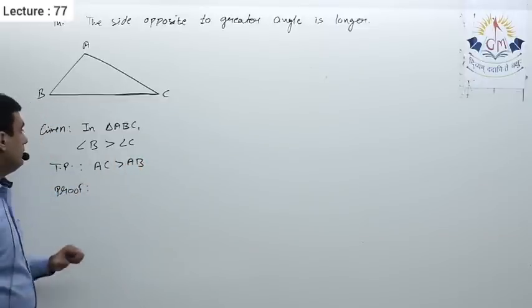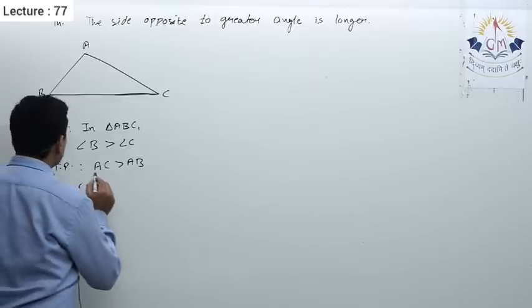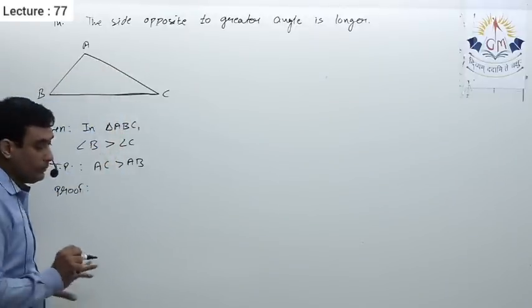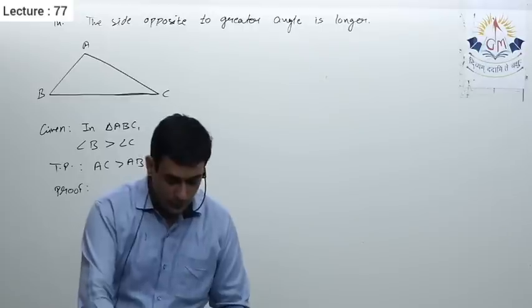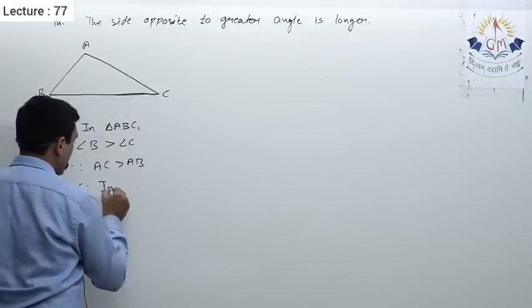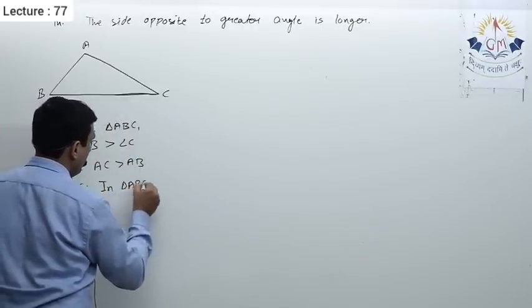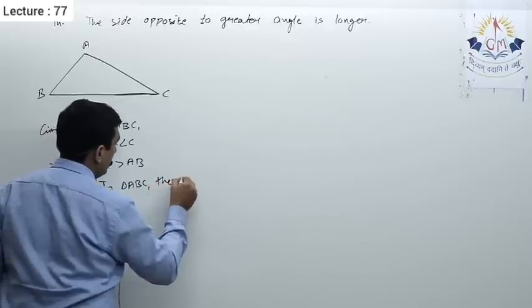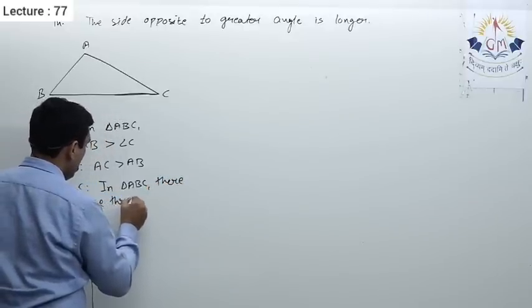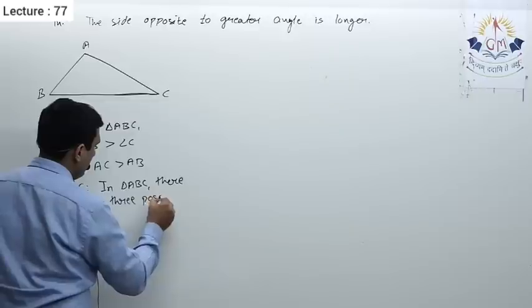If I want to find the relation between AB and AC, there are three possibilities in triangle ABC.